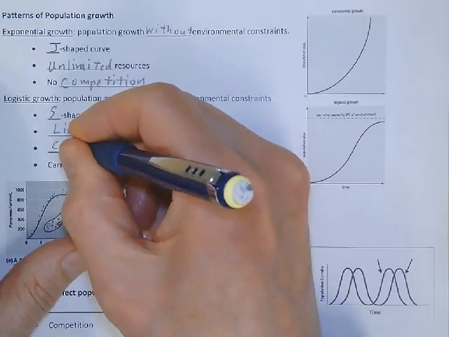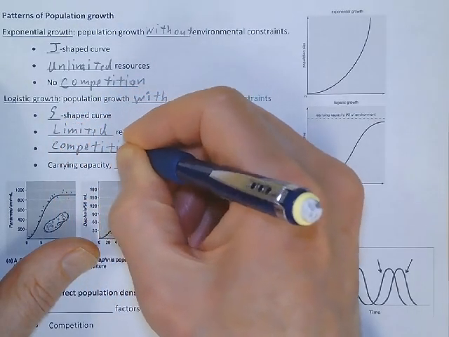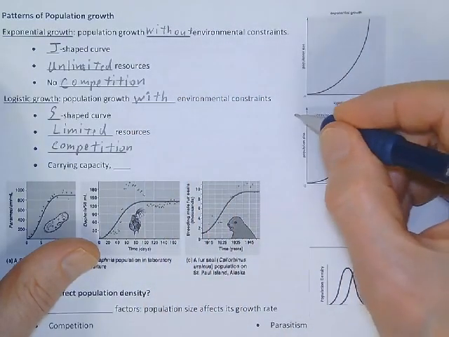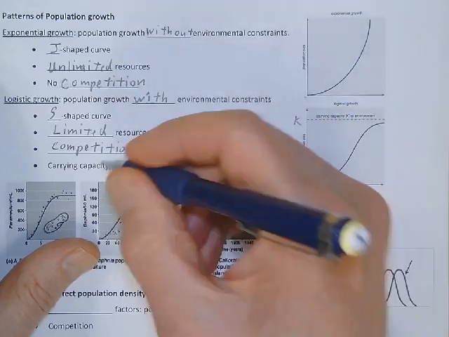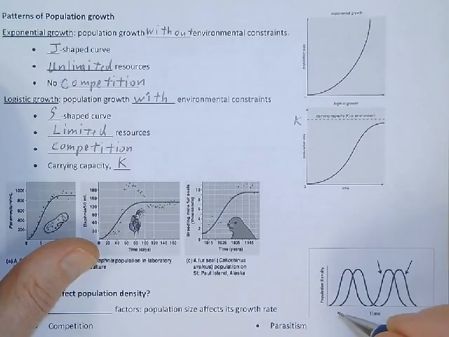There's a lot of competition for those limited resources. And those resources are denoted by what's called K, the carrying capacity. That's how many organisms are supported by that environment.